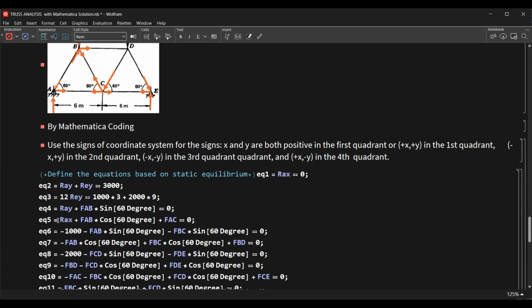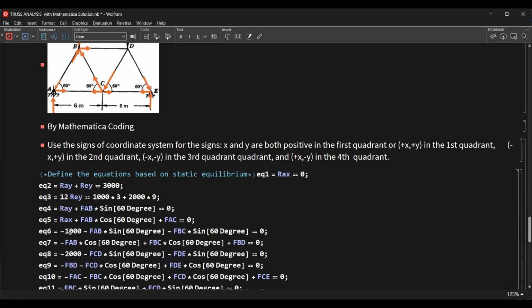Then we have the X component of the reacting force at point A, plus the force AB, the cosine of that being the X component of AB, which is positive, plus AC, the X component of the force AC, equal to 0.